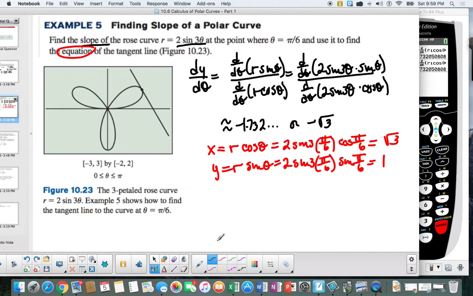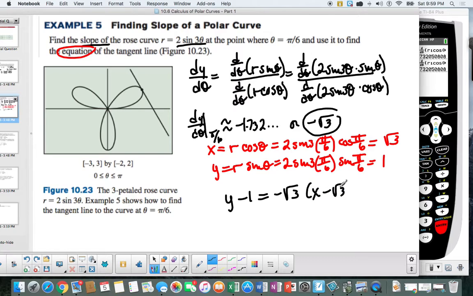So now I can write the equation of the line. This is the slope evaluated at pi 6. So it'll be y take away 1 equals negative root 3 times x take away root 3.